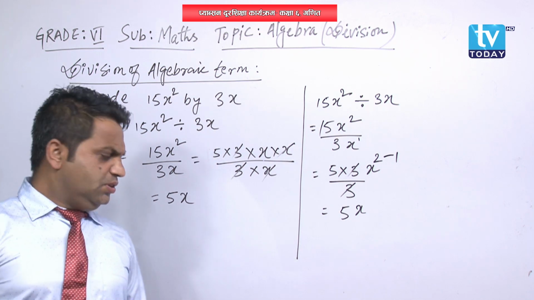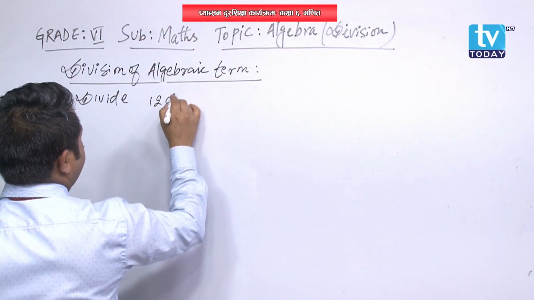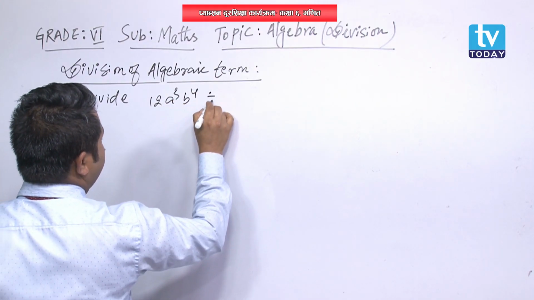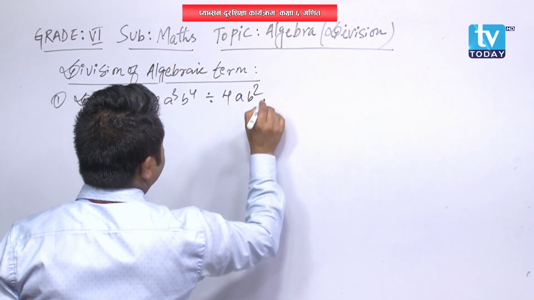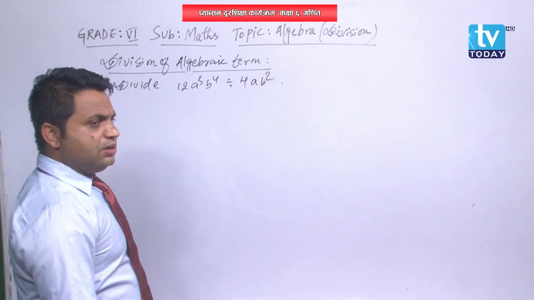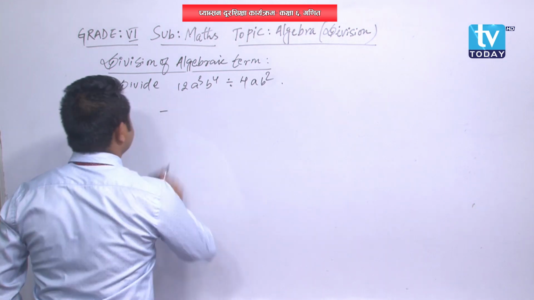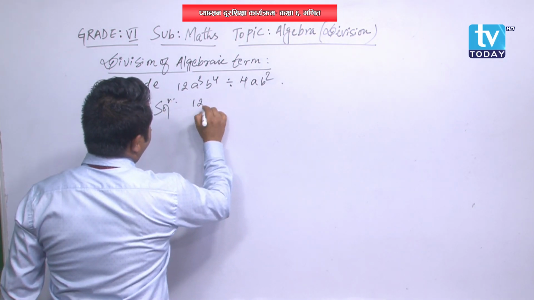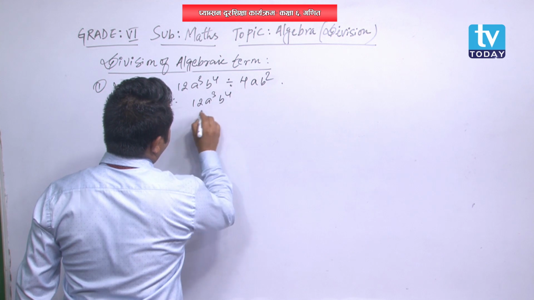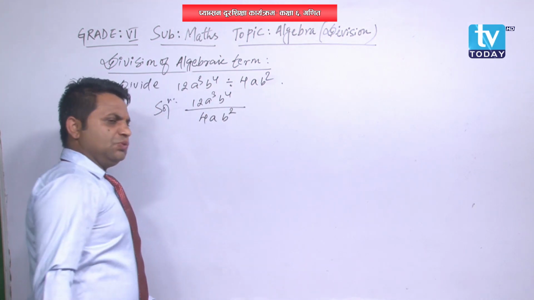Is that clear? Understood? Now let me write another question: 12a cube b to the power 4 divided by 4ab square. Solution: 12a cube b to the power 4 divided by 4ab square.